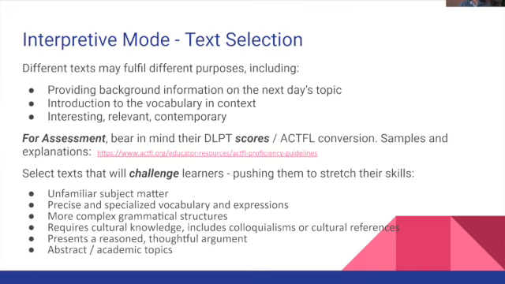Also more complex grammatical structures that might be tricky or confusing. And then something that requires cultural knowledge. So that could be things that include colloquialisms, which are interesting, but also things that are highly referential. So you already had to have been following this political discussion in order to catch all of the cultural references or understand the context for a text.